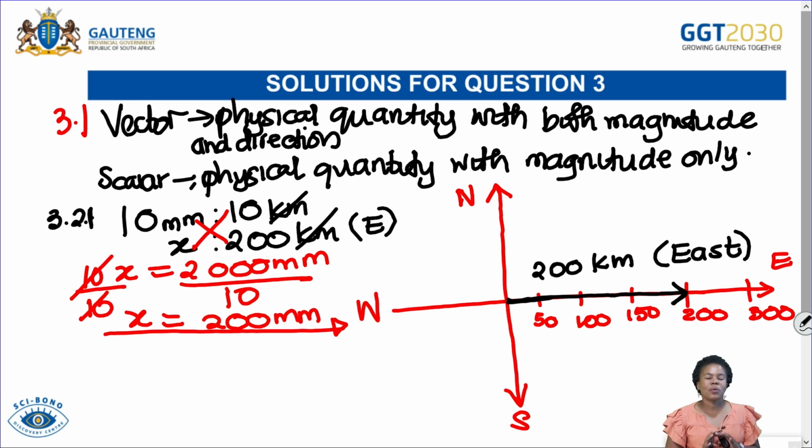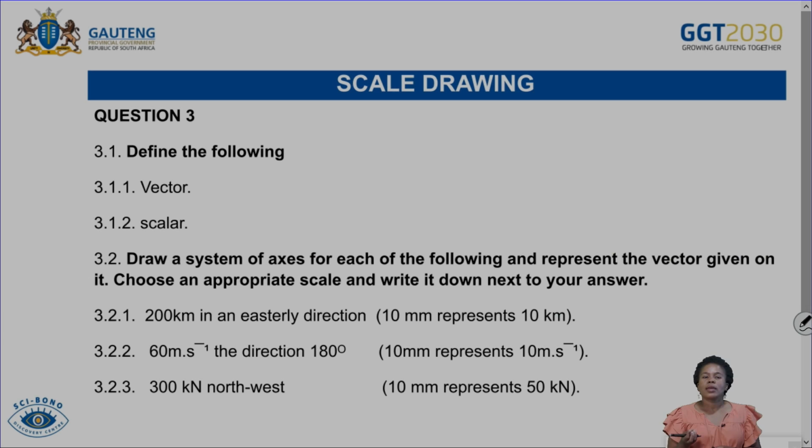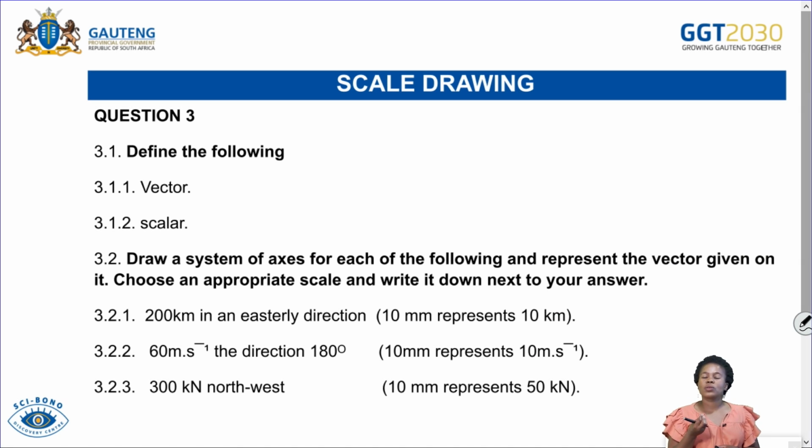So that's how easy it is to use your scale so that you are able to write proper scale drawings, if you are able to use the scale that is presented to you.